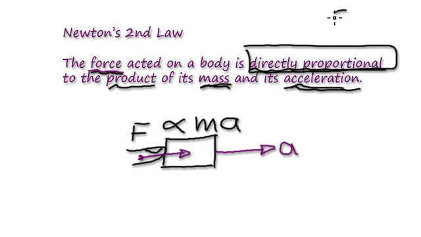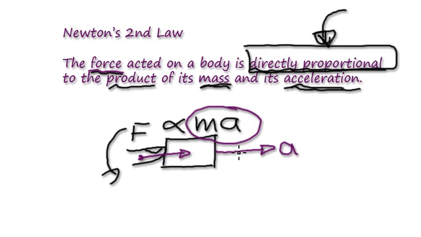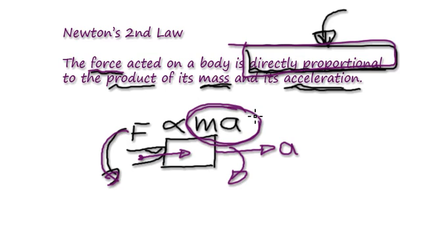What this direct proportional thing is trying to communicate to you is that as you increase the force, you will also increase the combination of the two here. And as you decrease the force, you will decrease the combination of the two.